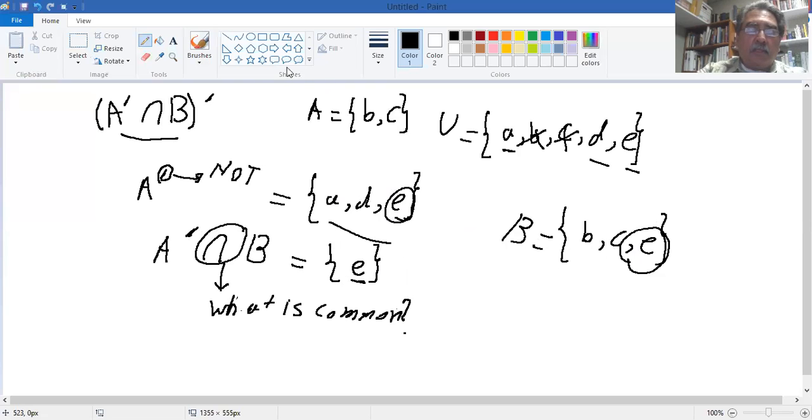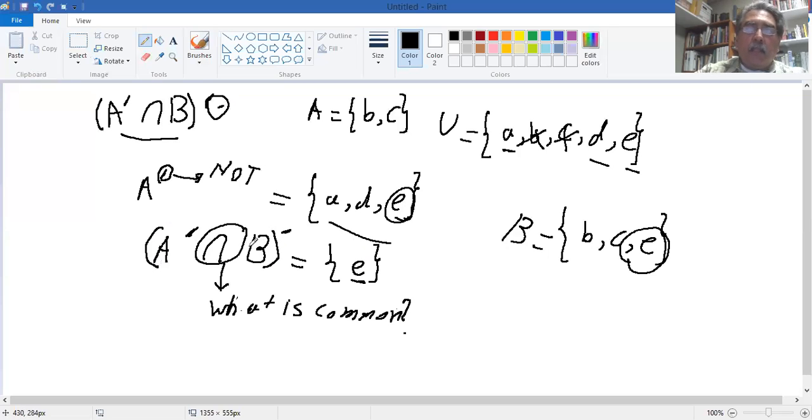But then remember, we want this whole thing to be prime. So we put parentheses on both sides and make it prime, or not.